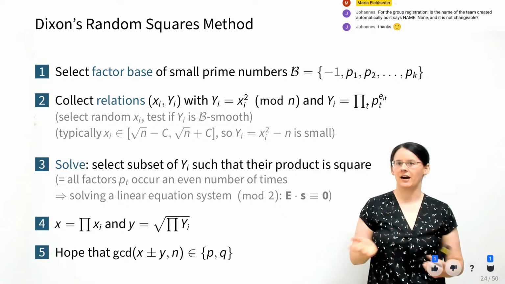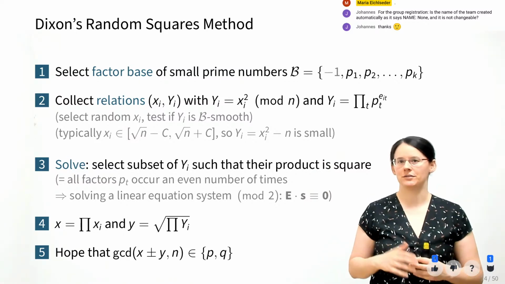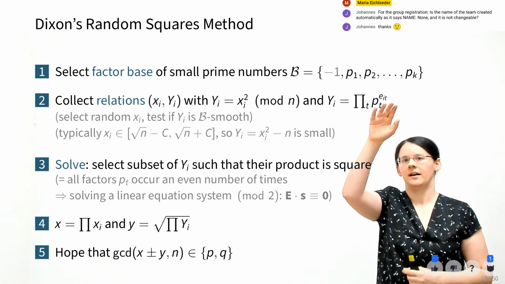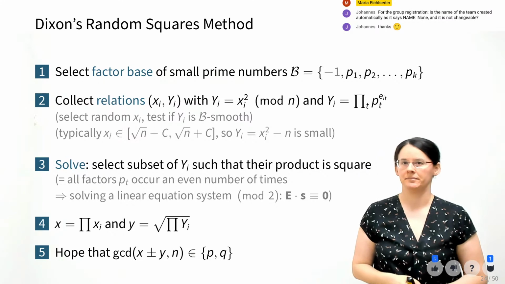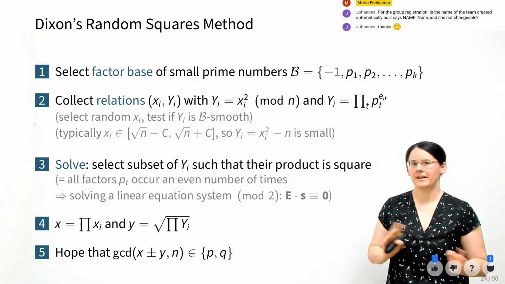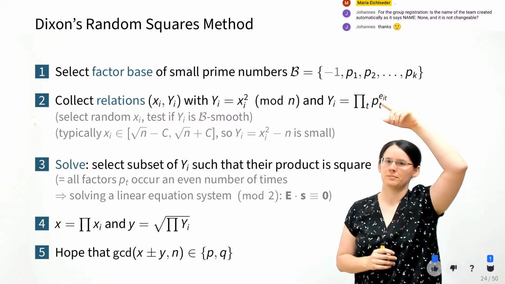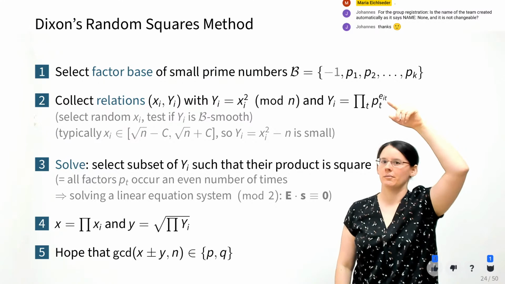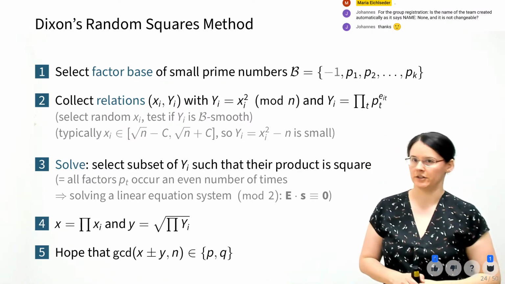The question is, how do we combine them cleverly? How do we find a subset of these relations such that in the combination, every prime number has an even exponent? This can actually be done very easily. Since we only care about even and odd, we can represent each exponent just by the exponent modulo 2, which is 0 in case it's even or 1 in case it's odd.